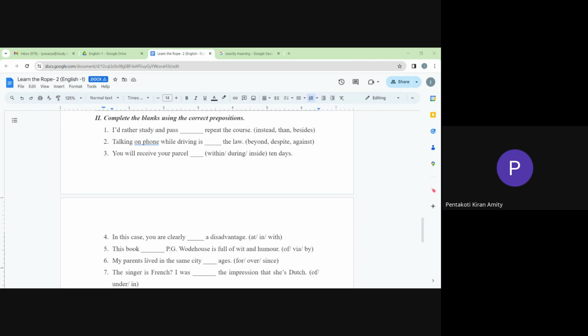Can you give an example of when we can use of before an abstract noun? Yeah, I'd say something like he was full of kindness.